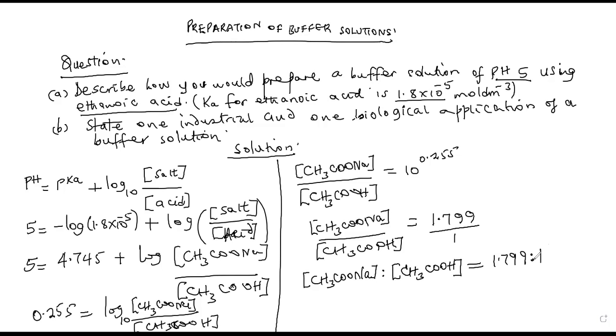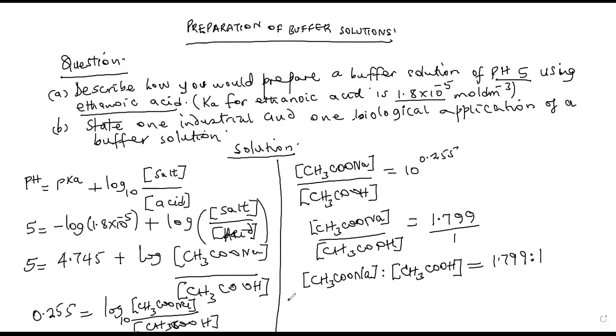It means that the buffer solution will be made by dissolving 1.799 moles of sodium ethanoate in 1 mole of ethanoic acid, of which you can also convert these to their respective masses if you get the molecular masses.